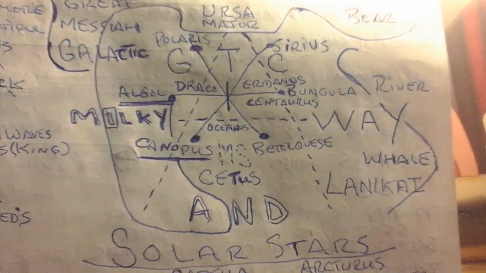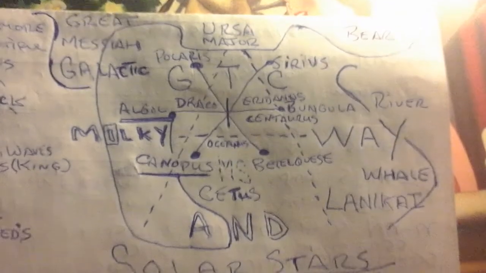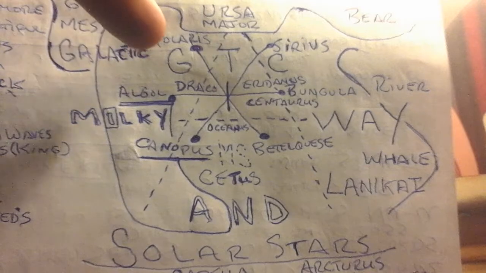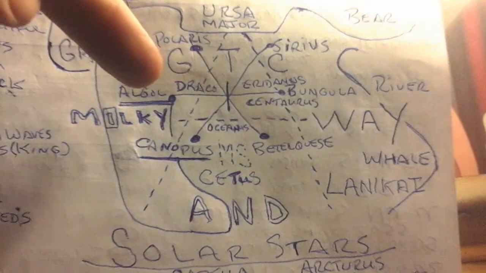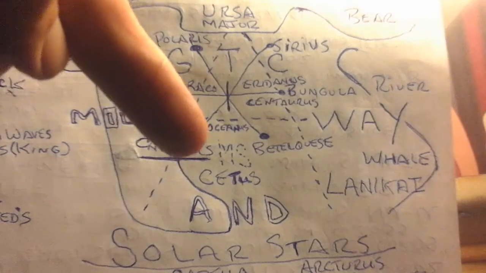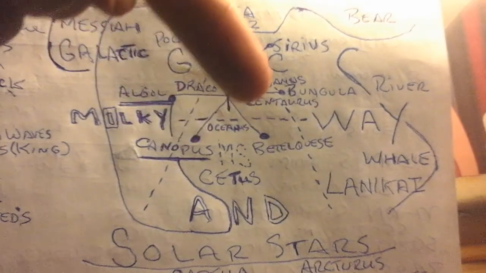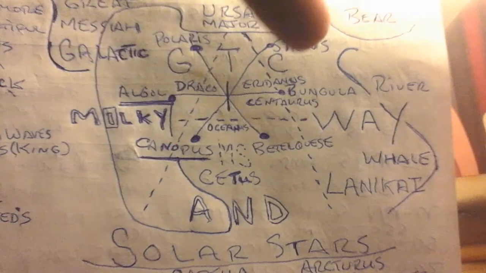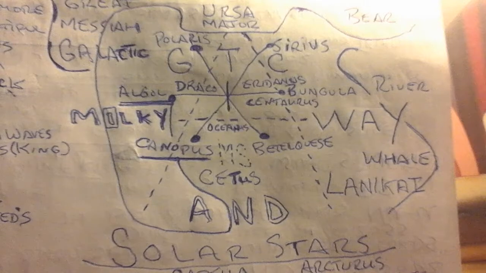I want to point out one more thing, which is the opposition points between these stars. There are 3. Here's 1, Sirius and Canopus, which are actually conjunct, but they form an opposition north to south, passing over us daily as the world turns.